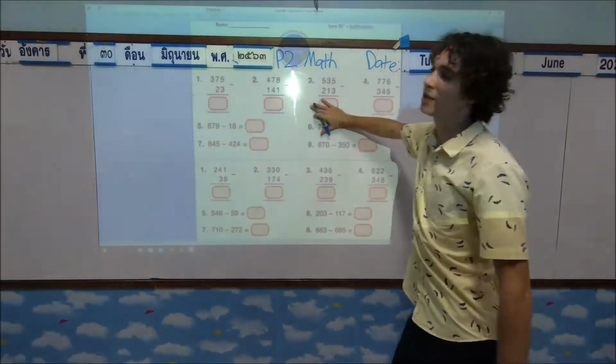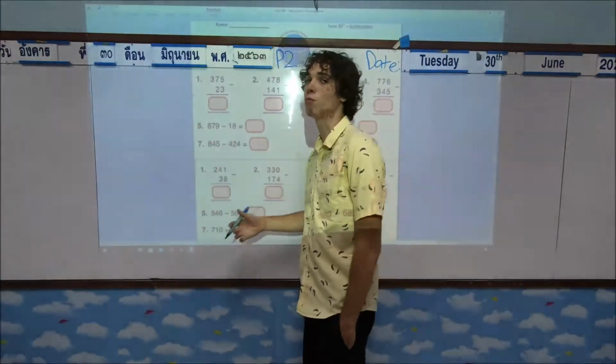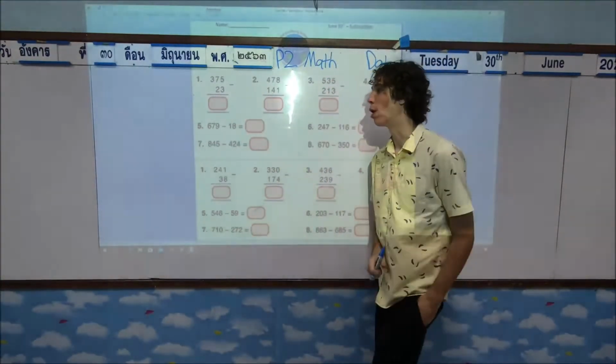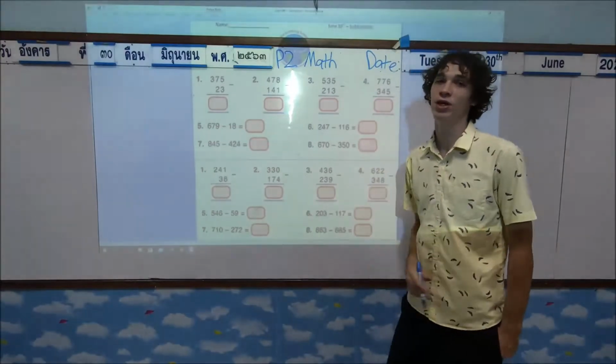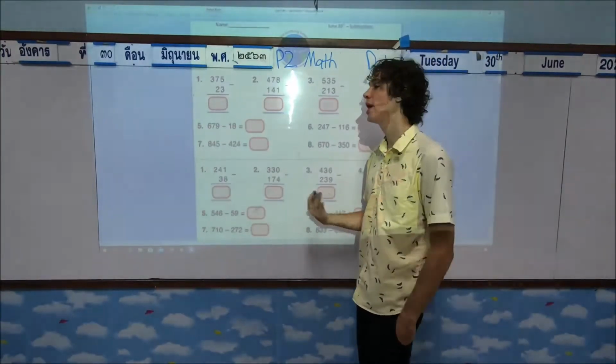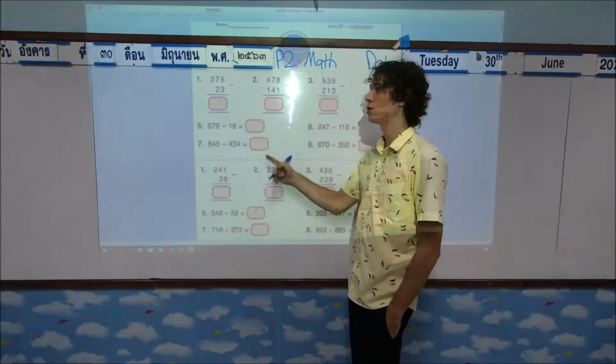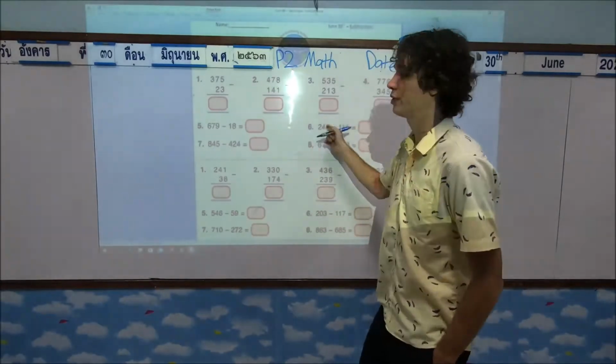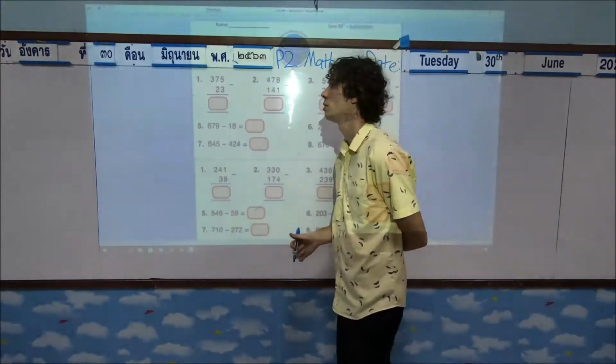Okay, the top is without regrouping, with no borrowing. The bottom is with regrouping. We have to borrow. So let's practice 1 through 6 up top.